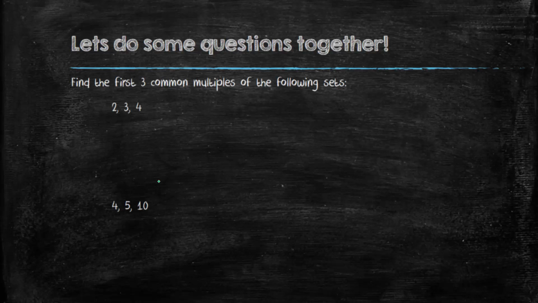Find the first three common multiples of the following sets. Well, let's do this. So we've got 2, 3, and 4. Now we need to find common multiples. In order for us to find common multiples, we have to find the multiples first of each number. So 2 would be 4, 6, 8, 10, 12, 14, 16, 18, 20, 22.